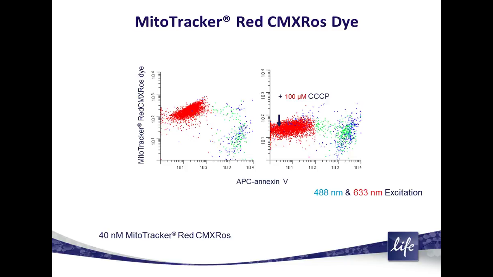Another valuable reagent is the MitoTracker Red dye. Again, it is mitochondrial selective. It is excited by the 488 laser, read in the channel used for PE. It is also easy to multiplex with other reagents and is shown here with Annexin V APC. The left plot shows the MitoTracker with normal cells, and with CCCP treatment, you can see a decrease of fluorescence of the MitoTracker Red.